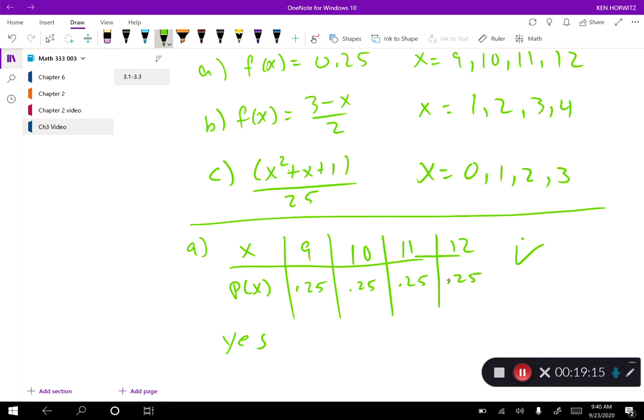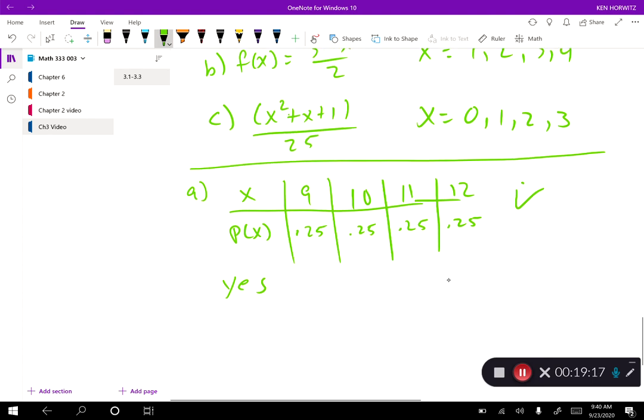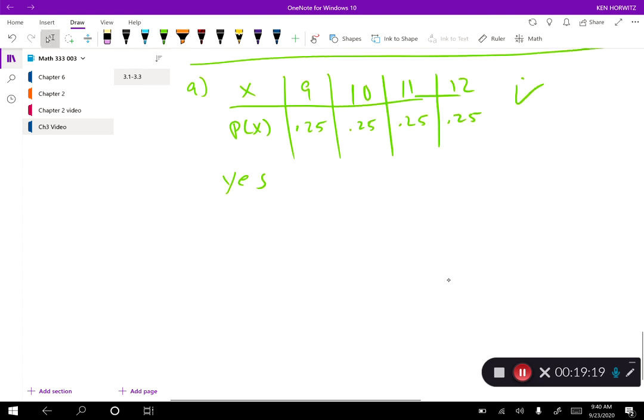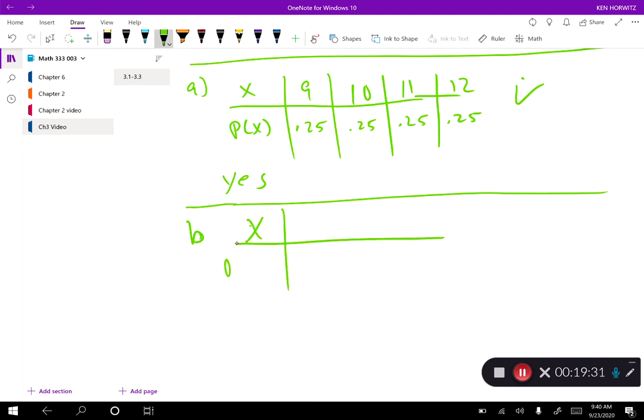All right, let's go to B. So for B, if I have my x and p of x, my x would be 1, 2, 3, and 4.